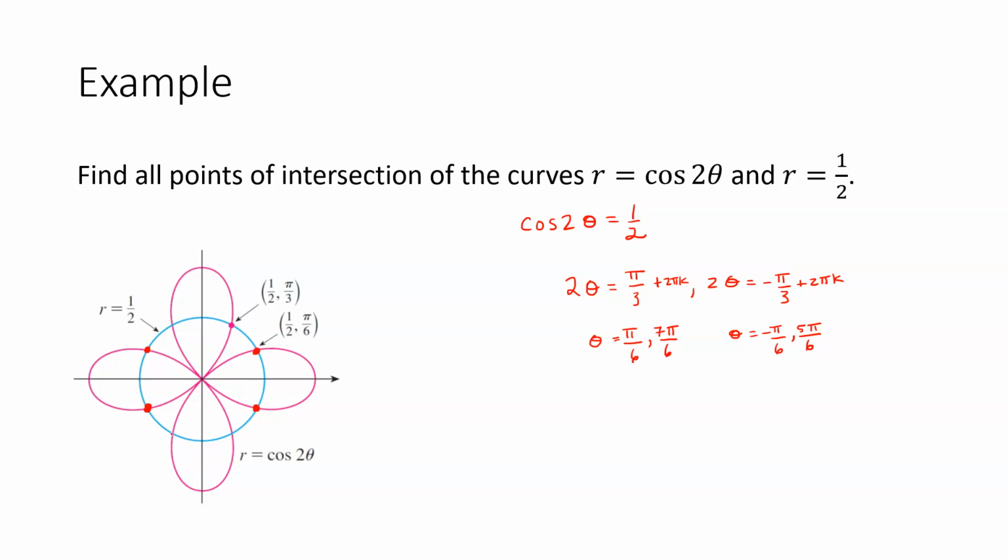And so notice that here the r value will be negative 1/2, and that'll intersect the curve here when r is negative 1/2.